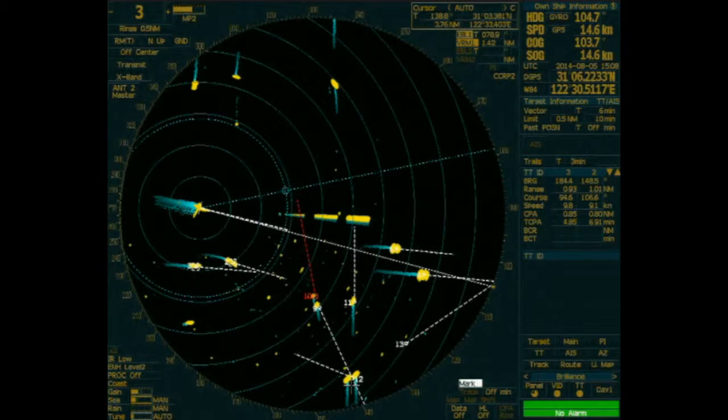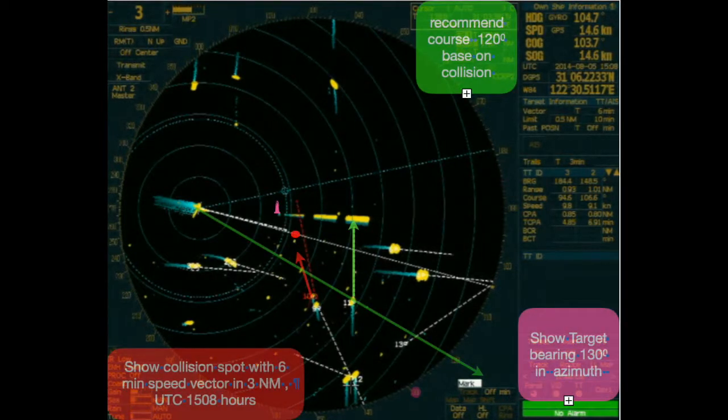But the decision-making officer will get the impression that this tugboat is moving very fast. But we can see from the tugboat's trail that it is moving very slowly. So the ARPA's calculation cannot even reflect the truth of past position changes that were very slow.